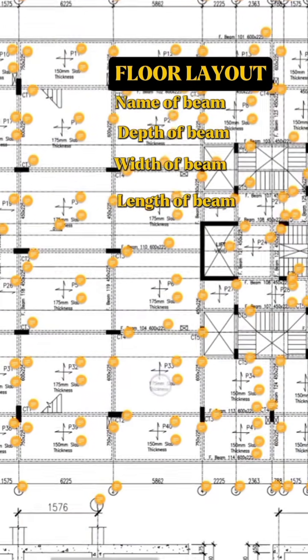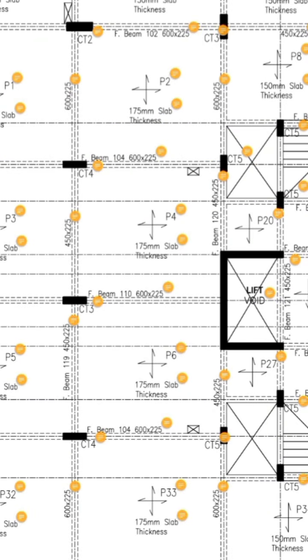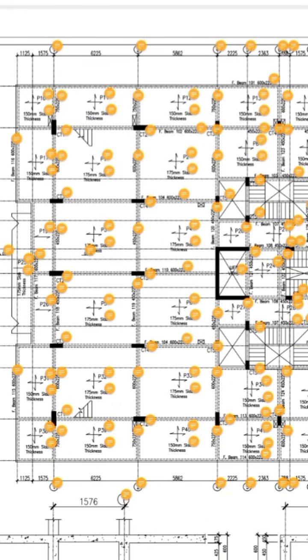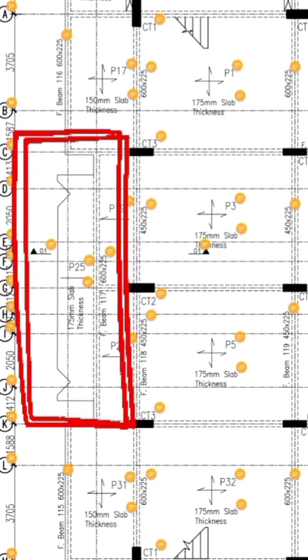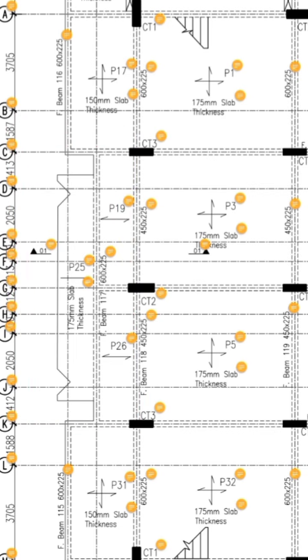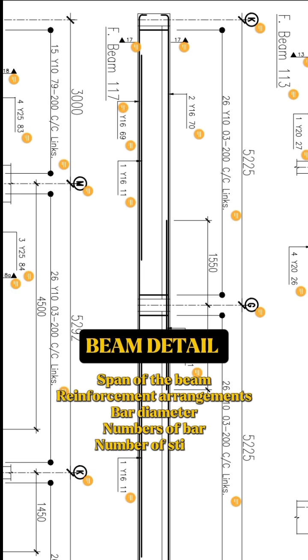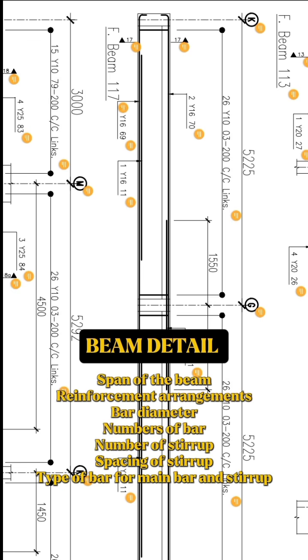So I need to go to the detailed description of the beam. Let me start from beam 117. I go to the description of beam 117. Okay, in this particular place, this is where I get the span of the beam and the reinforcement arrangement of the beam.